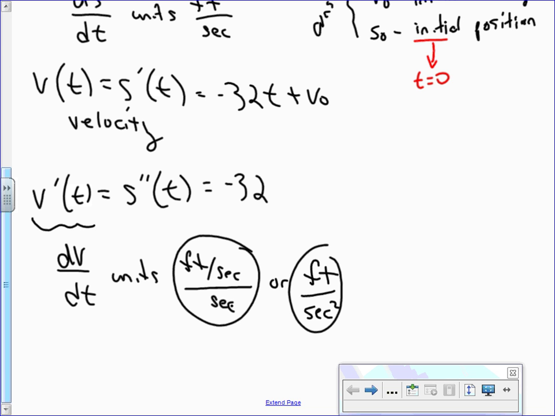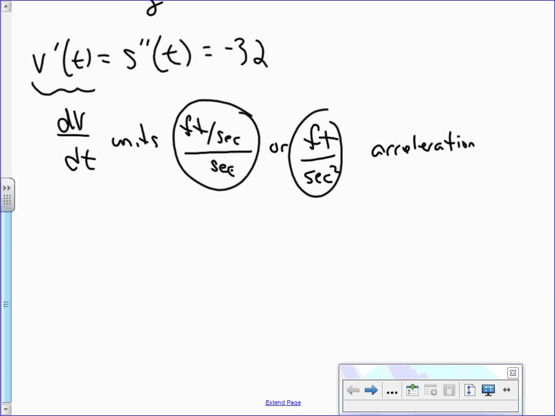And hopefully you recognize what this is the unit for from your physics studies. When I say, what is it? Acceleration. So acceleration is the derivative of velocity, which is the second derivative of position.